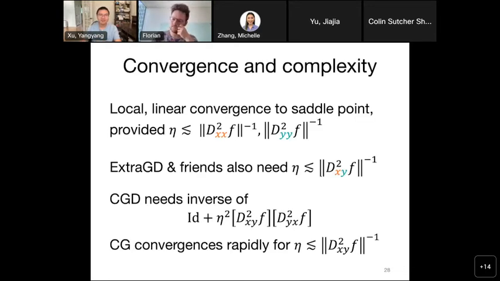Yeah. So I think this is a general statement, right? But I'm curious, what kind of assumptions do you make on this problem for the convergence? Like, do you need to assume convexity or concavity on this problem? So this is local convergence to a saddle point, which implicitly assumes local convexity.